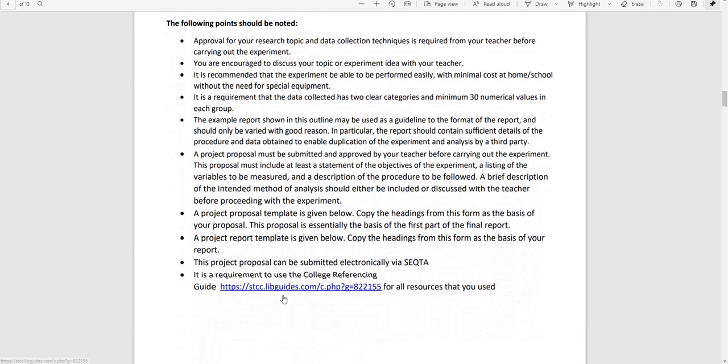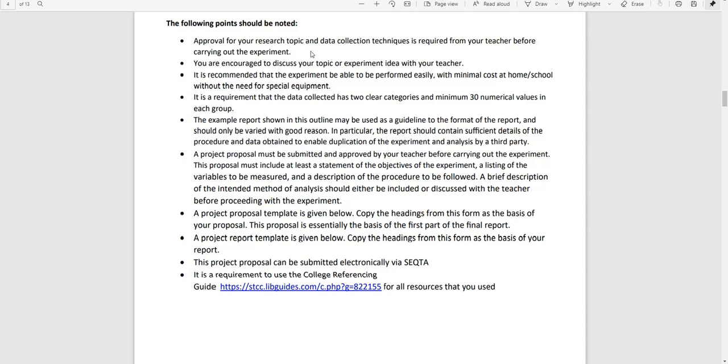So, important things to make note. You need to get approval from your teacher on your topic before you start collecting the data. And that's mostly to make sure that you're collecting data on the right thing. What's really important is you need to collect 2 categories of numerical data.